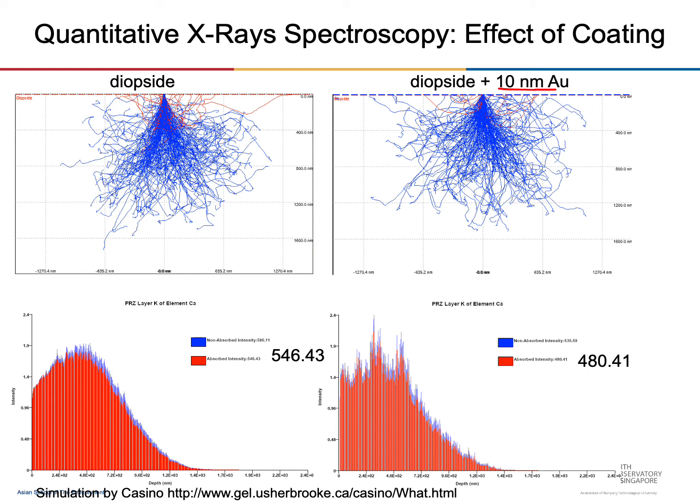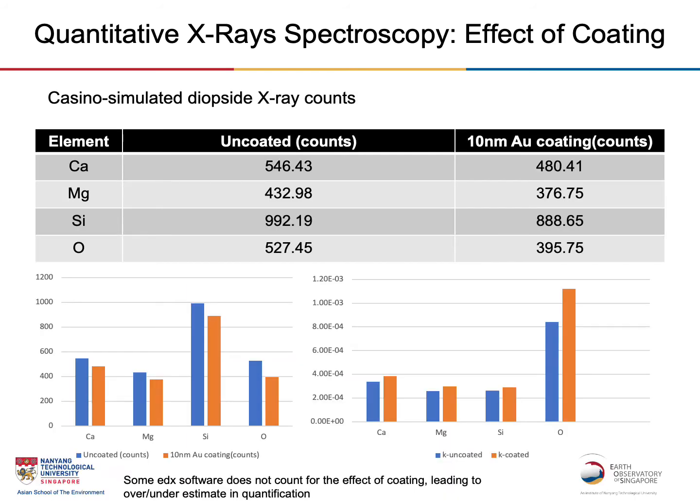So here's the comparison. On the left, without the coating, we have a normalized detection of 546, and the one on the right, with 10 nanometers of coating, we have about 480 relative detection. In this case, I tried to get a little sense of how much each of the elements is affected by coating.